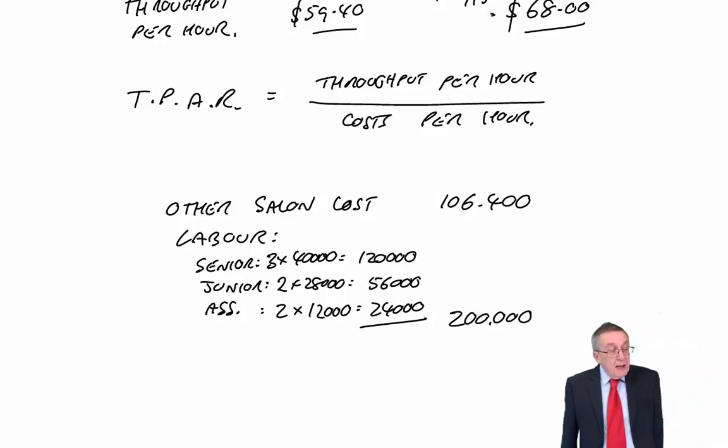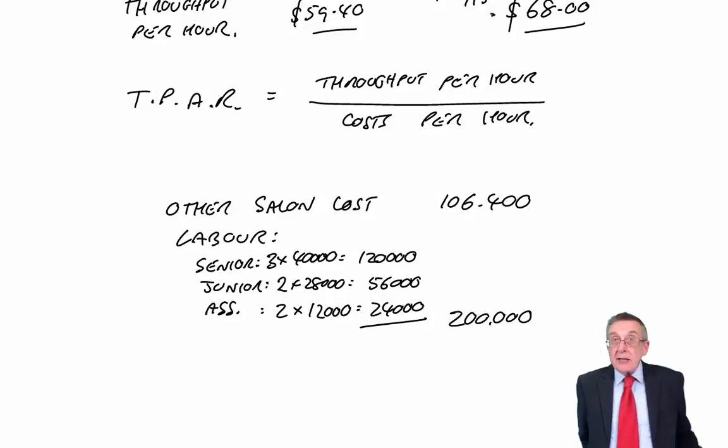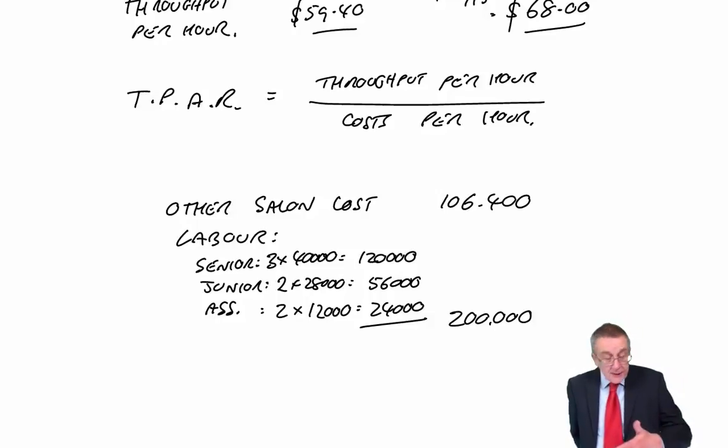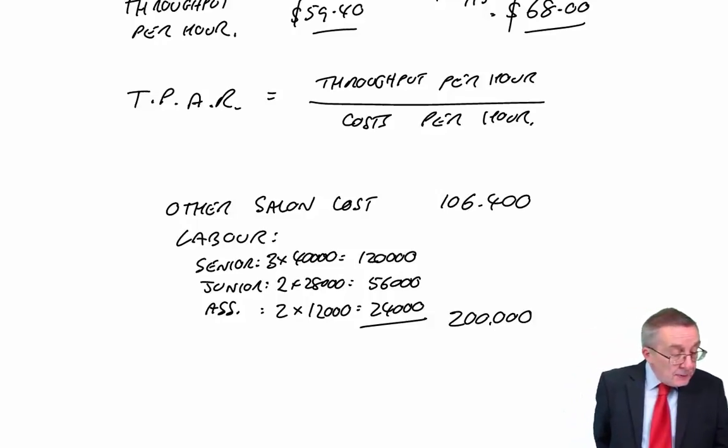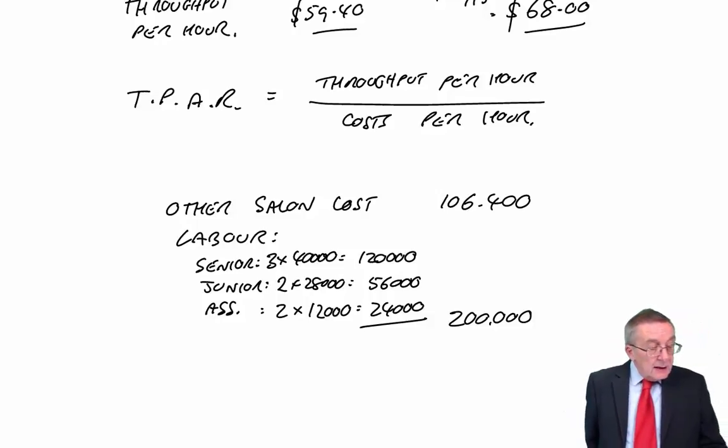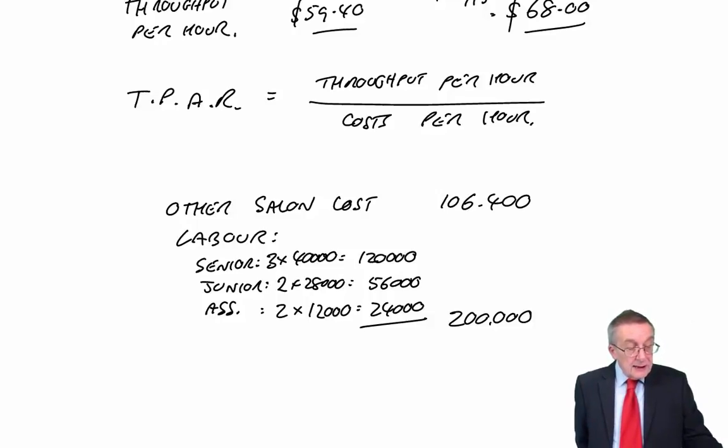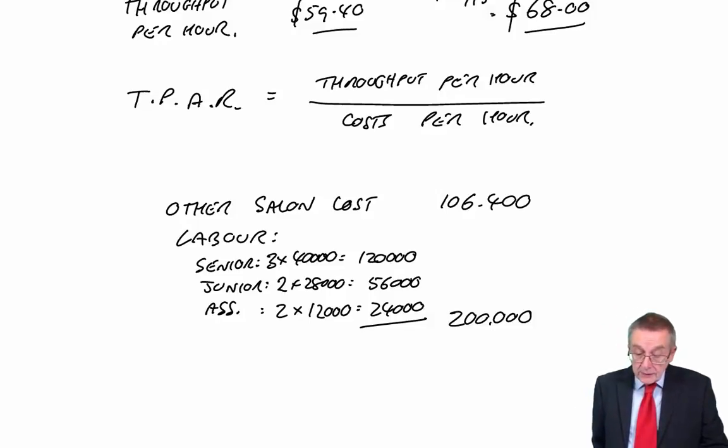However, a lot of people read it differently, and if you look at her answer, she does say it was accepted. A lot of people read it as being the 40,000 for senior stylists being the total for all 3 of them, 28 for junior being the total for both of them, and so on.